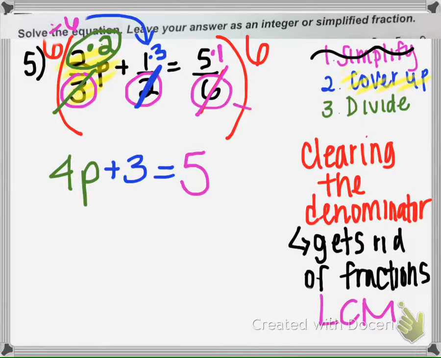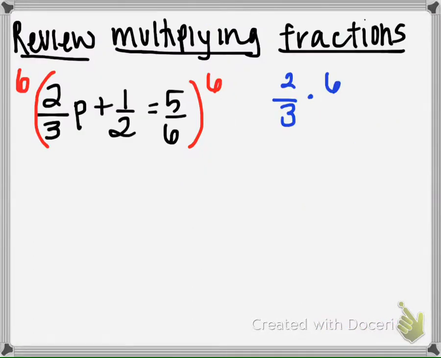Now, if all of this was difficult to understand, then let me break it up one more time. What I'm doing mentally here, if I write it down, is taking 2/3, because 6 is the common denominator of all the fractions, and multiplying it by the number we picked, which was 6.